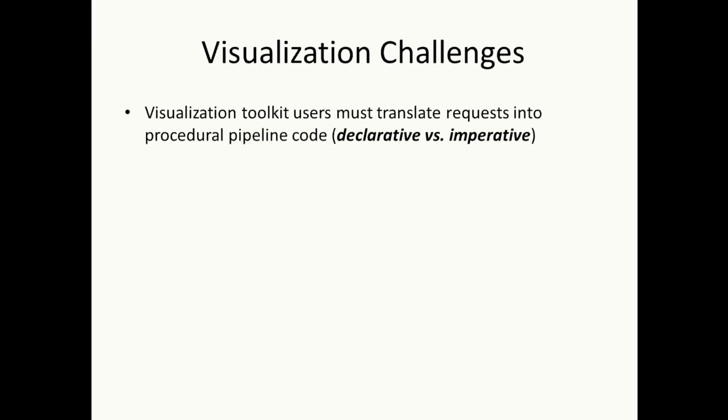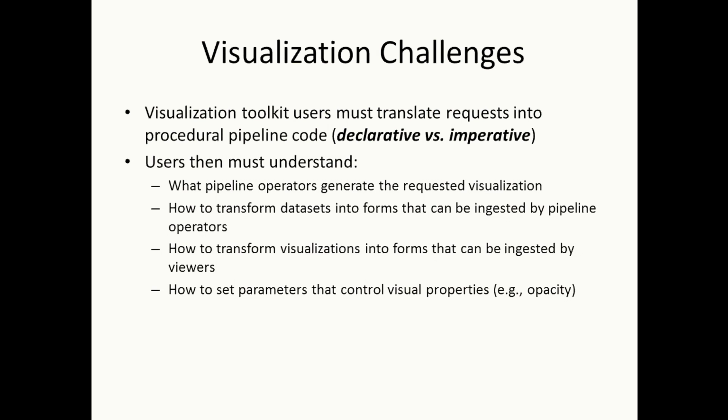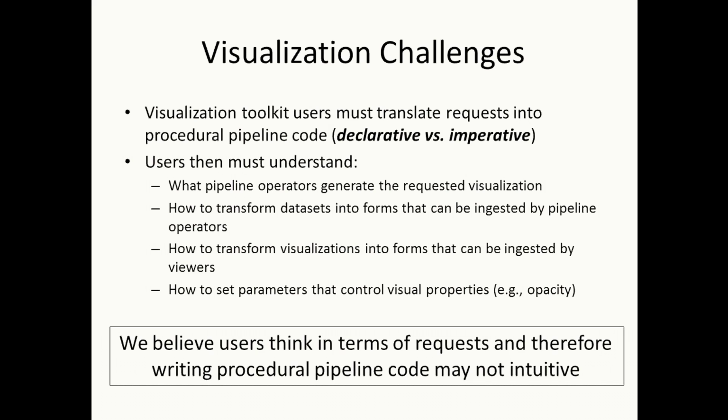Users thusly are required to understand what pipeline operators generate the requested visualization, how to transform datasets into forms that can be ingested by the identified pipeline operators, how to transform visualizations into forms that can be ingested by some viewer, which is some application that presents the visualization to the screen, and finally, how to set parameters that control some visual properties, for example, the opacity or color perhaps. We believe users think in terms of these requests, and therefore writing procedural pipeline code may not be intuitive.